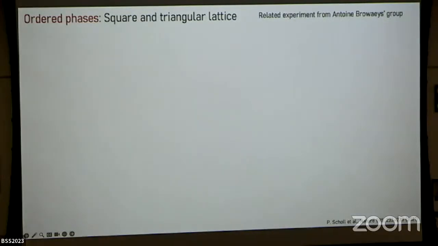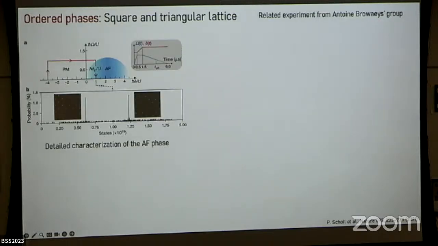I want to show you that there was another experiment that the group in Palaiseau did more or less at the same time, where they did kind of the same thing. So they studied this antiferromagnetic phase, not the whole phase diagram, but in particular the antiferromagnetic phase. Maybe it's interesting to see that they did a different type of state preparation, again trying to perform this quasi-adiabatic protocol, but taking a different trajectory to get there.